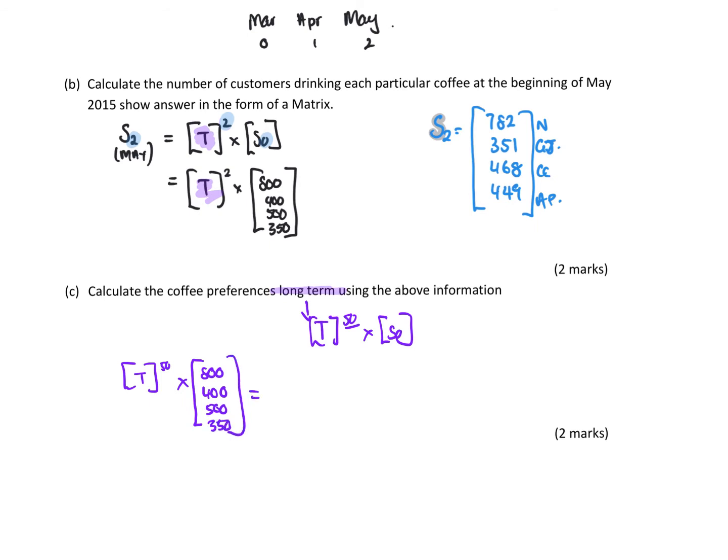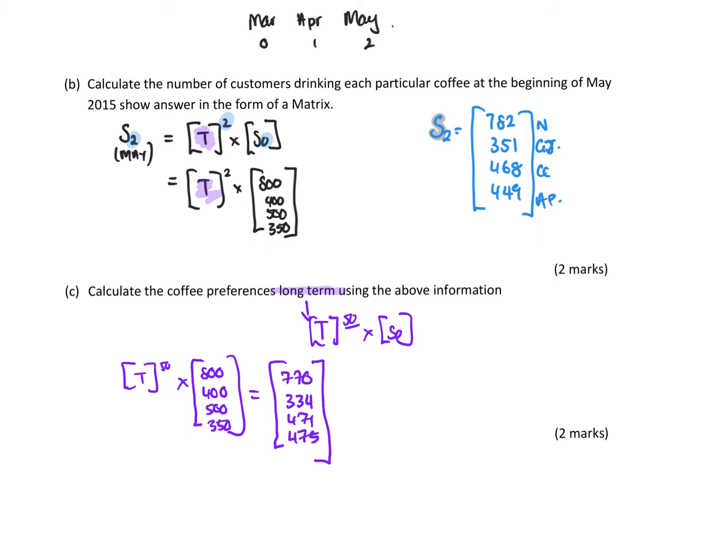We end up with an answer, and once again I'll round to a whole number because we're talking about customers, people. You should end up with this answer, 475.